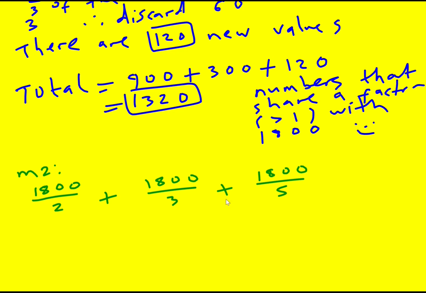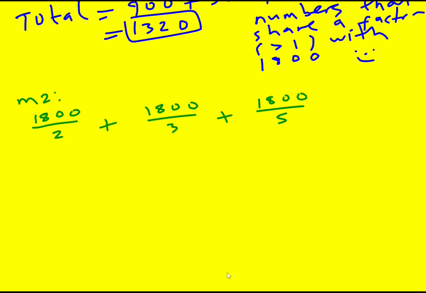And that would be double counting, but it would give you all your multiples. And then we could subtract some of these shared factors. So 1,800 over 6, that would get rid of the common multiples of 2 and 3.